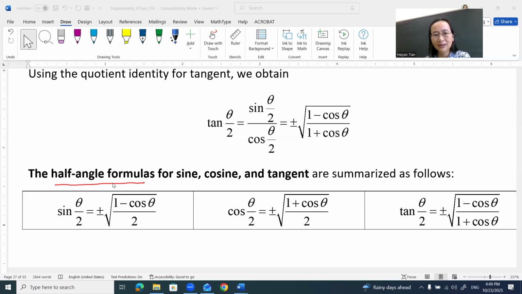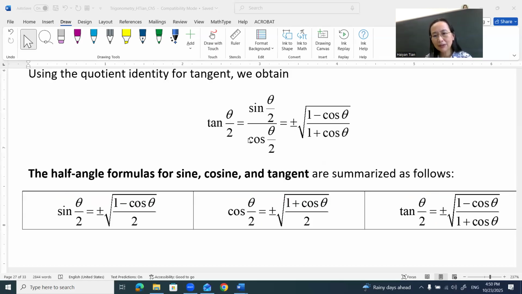We don't need 6 half angle formulas, because once you know the sine value of half angle, you can get cosecant of half of theta by the reciprocal property. Once you know the cosine value, you can get secant of half of theta. Once you get tangent, you can get cotangent of half of theta. So the reciprocal property allows us to find the other 3 trigonometric function values of half of theta.